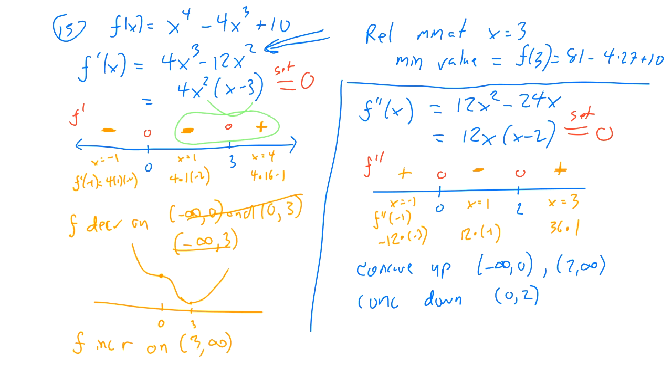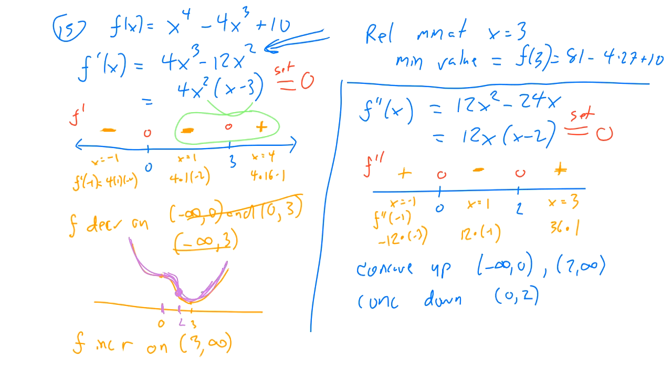So looking at my picture on the left, it's concave up until I get to 0. Then it's concave down. And then here at 2, it becomes concave up again. So that's reasonable based on my picture. Concave up, concave down between 0 and 2, concave up past 2.